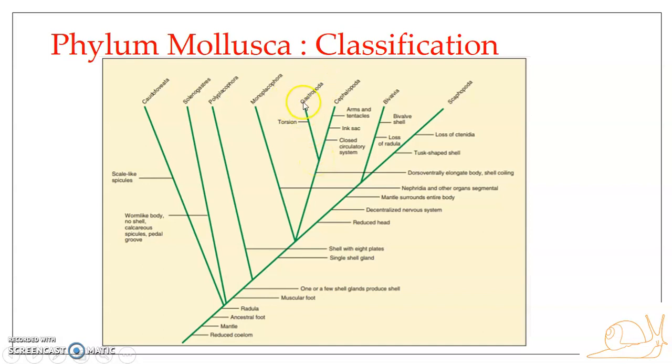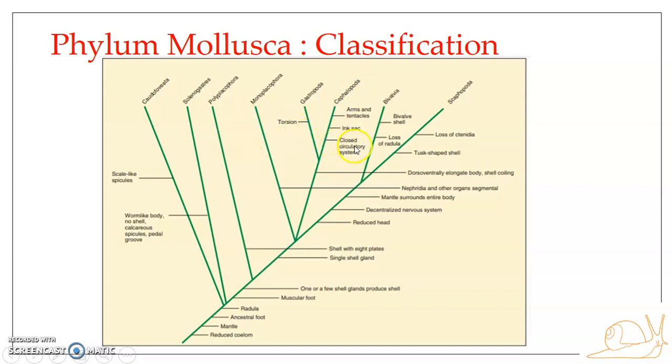The Monoplacophora were distinct with nephridia and other segmental organs. At the same time evolved the other two groups, Gastropoda and Cephalopoda. The Gastropoda showed a very unique character of torsion, where the placement of internal organs gets changed during the course of development. While Cephalopoda uniquely developed a closed circulatory system, whereas all other groups had an open circulatory system.